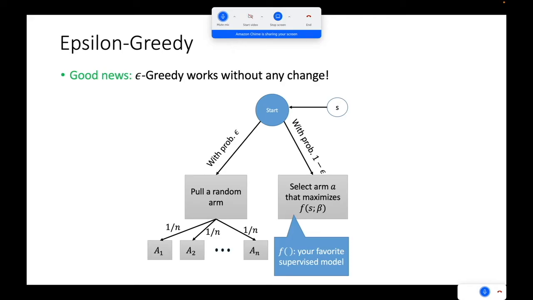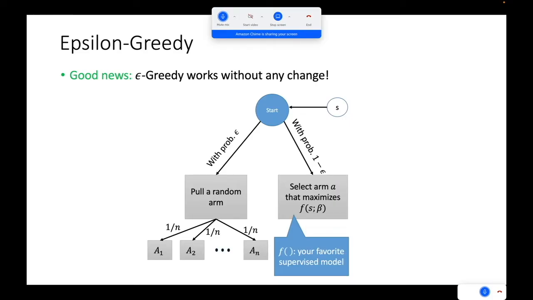So we'll now revisit the algorithms that we encountered in multi-arm bandit, and it turns out that all those algorithms can be adapted to incorporate the context information. The good thing is epsilon-greedy works without any change.